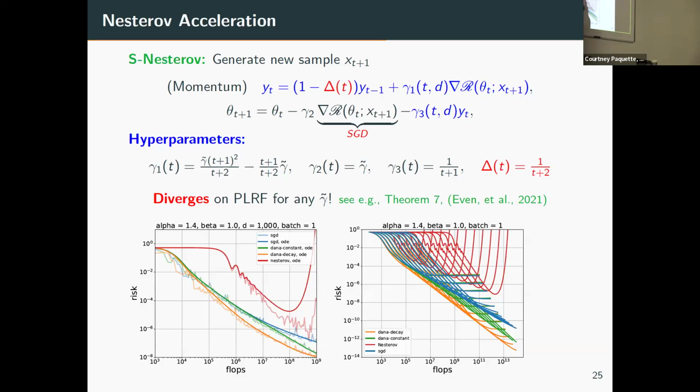So my gamma 3 ends up being exactly equal to gamma tilde. So there's an asymptotic version of Nesterov, I'll put hats here, which is equivalent to doing something along this line with these hyperparameters. The problem is that you only get to choose this gamma tilde in Nesterov acceleration, and it's the same gamma tilde.